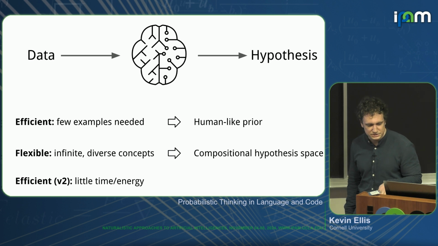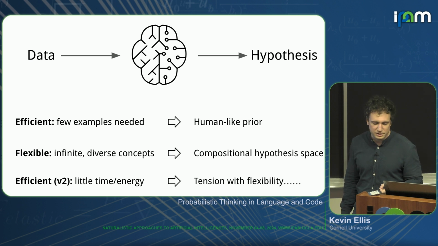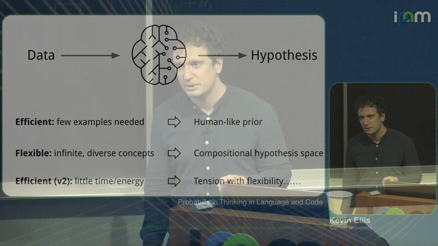There's another notion of efficiency, which is that we want to learn with very little amounts of time or energy. And generically, this will be in tension with flexibility, because if we have a rich expressive hypothesis space, then it's going to be hard to search or optimize over those hypotheses. There's going to be a combinatorial explosion.